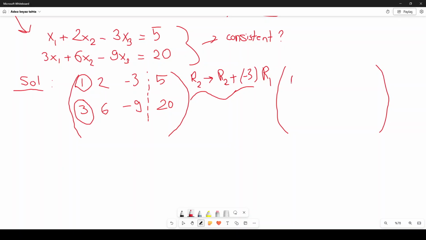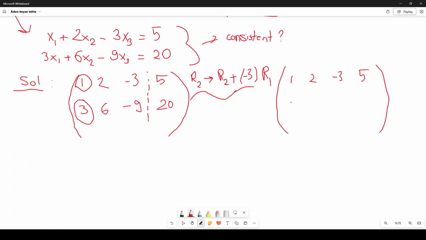Now the first row is the same, no change. I just put its values here. This value is 5, sorry, there is no minus sign here. What has changed is the second row. The values in the second row have been changed after applying this modification.